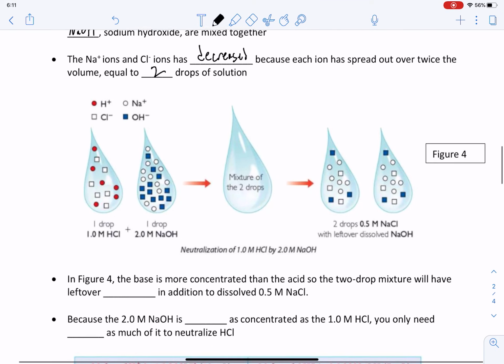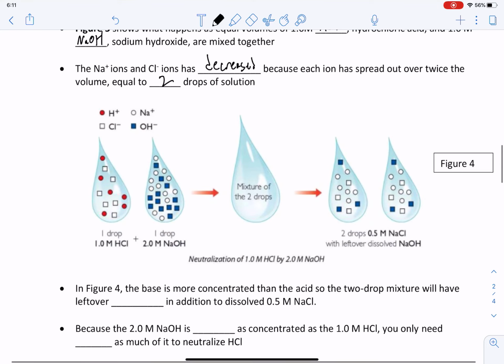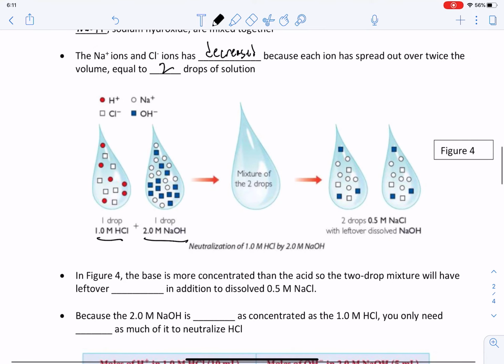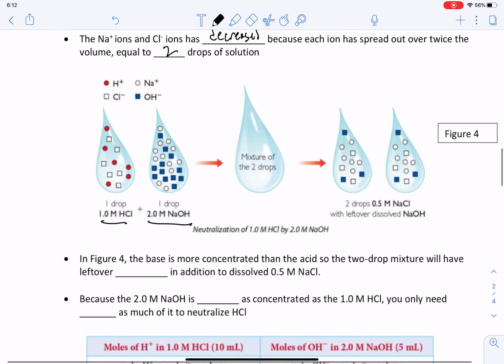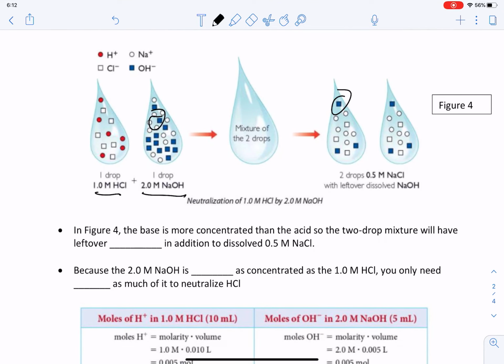Okay, so that one was equal amounts of acid and equal amounts of base. This one, if we look, we have the same amount of acid as the previous one, but now we have twice the amount of sodium hydroxide. So in figure 4, we add this together and we can see what happens here. The base is more concentrated than the acid, so the 2-drop mixture will have leftover sodium hydroxide, right?